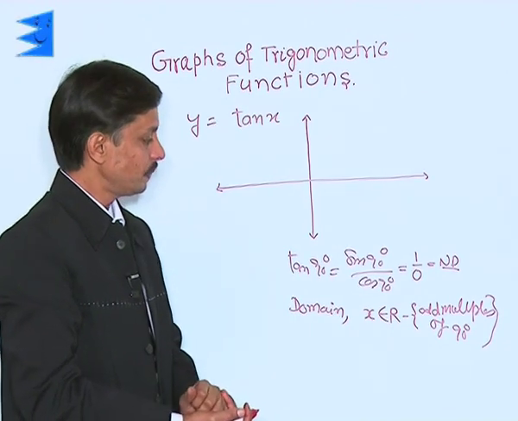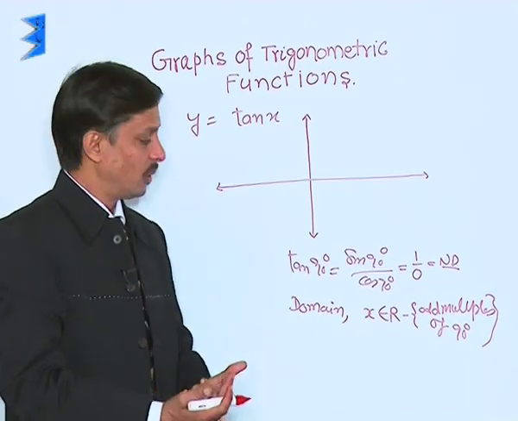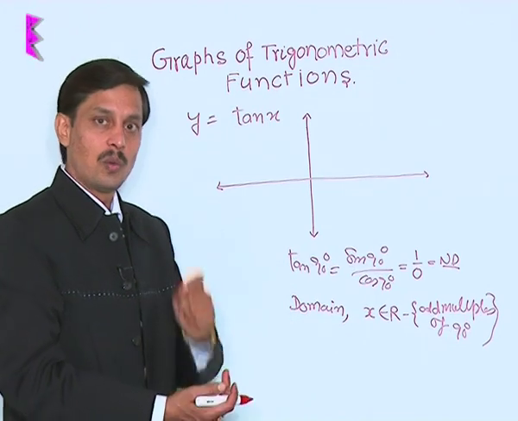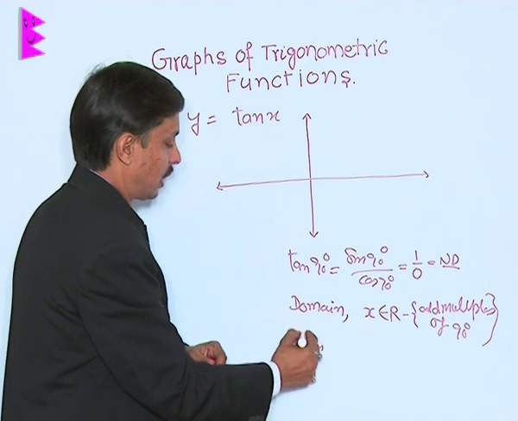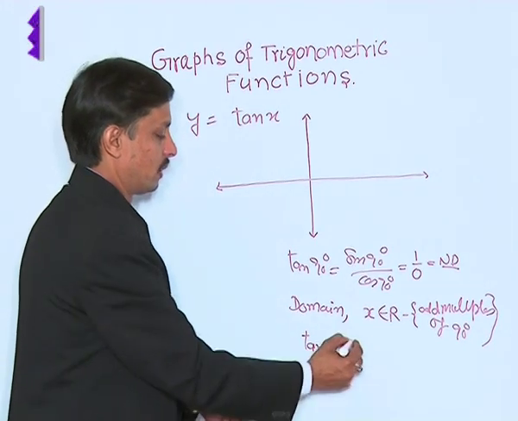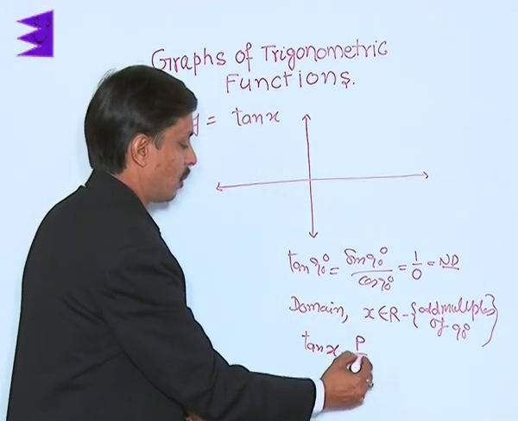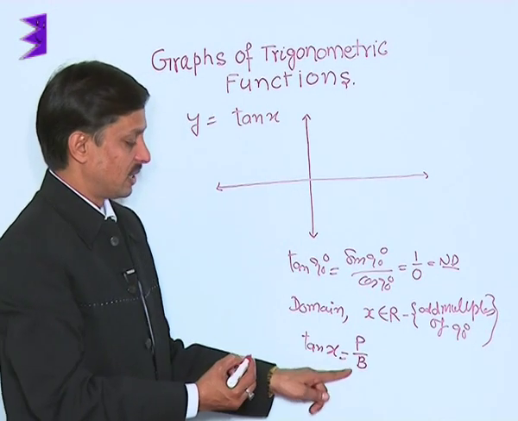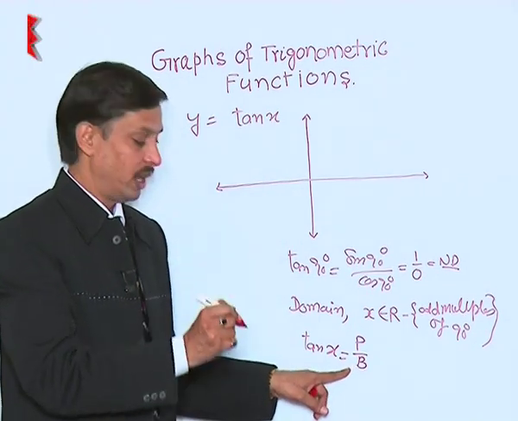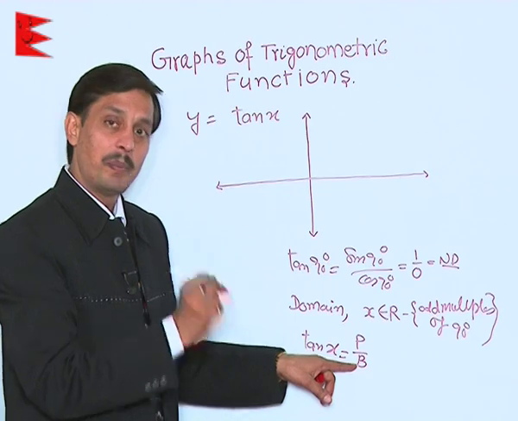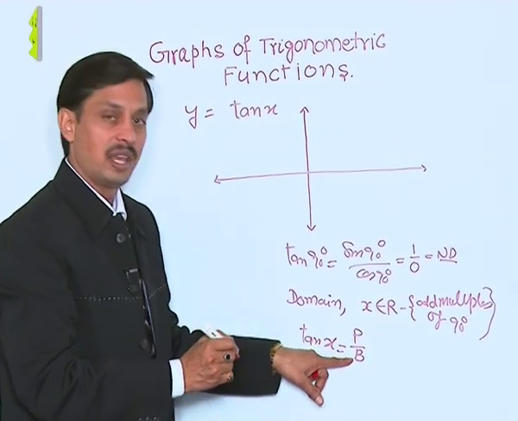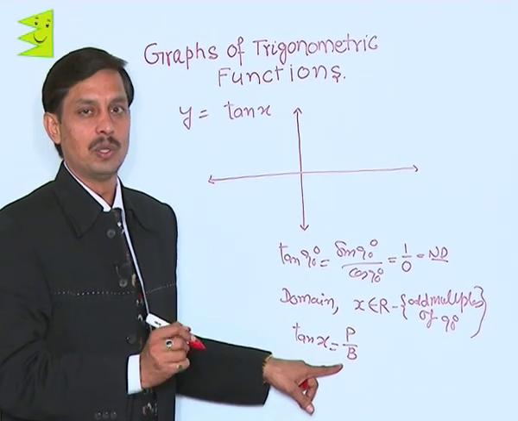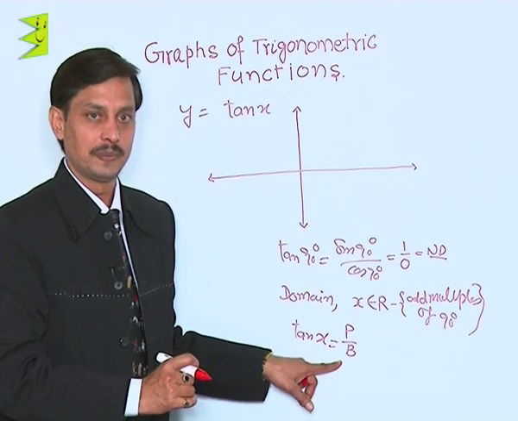I would also like to explain why it is not defined. Because tan x is perpendicular upon base, and when the base becomes 0, the value is not defined, because if the denominator becomes 0, the result is not defined.